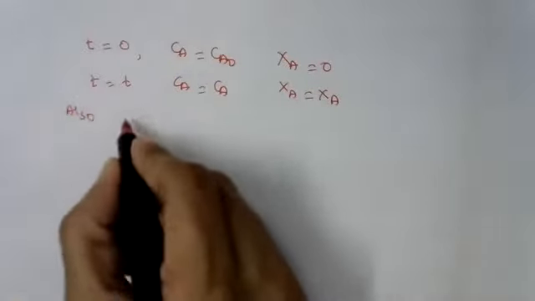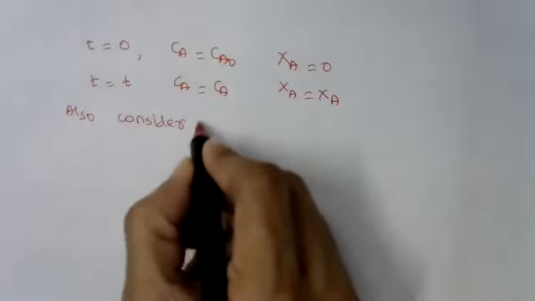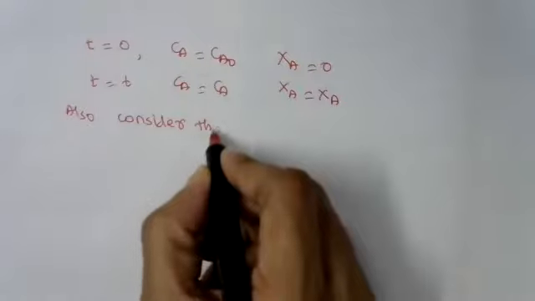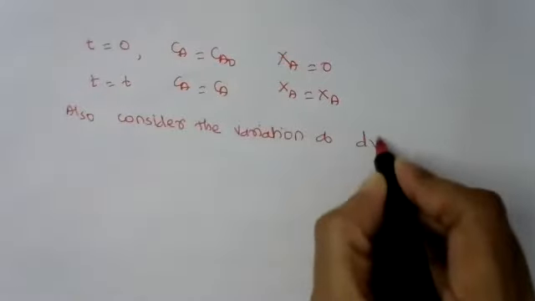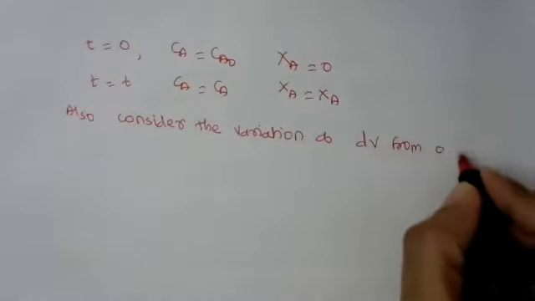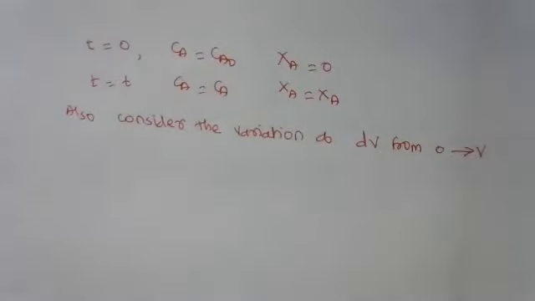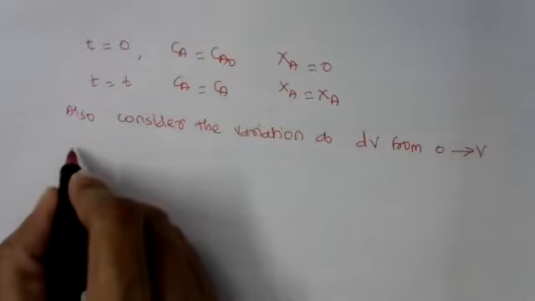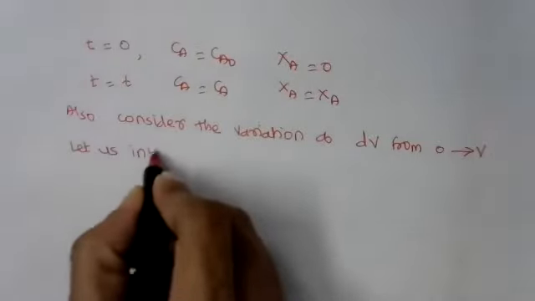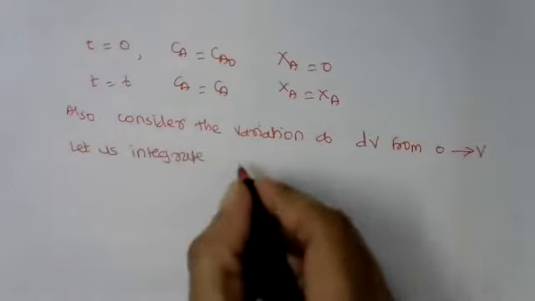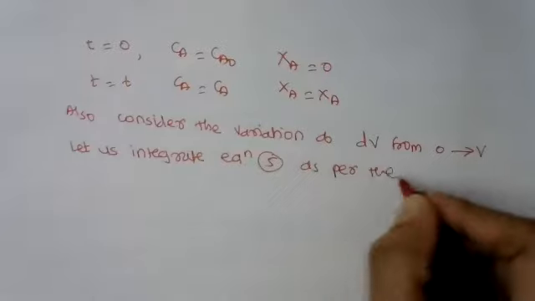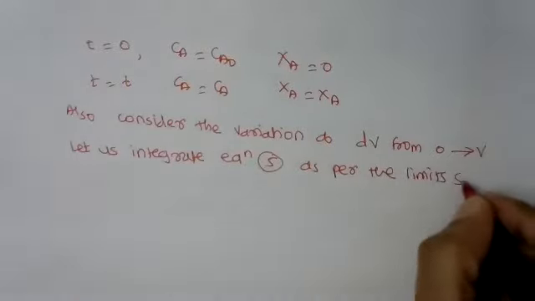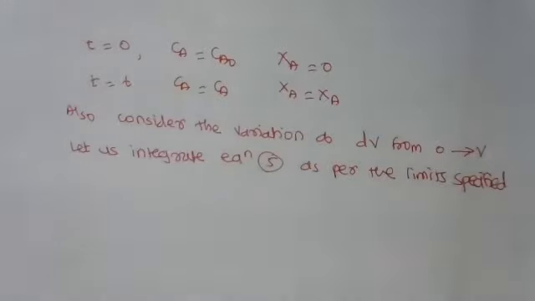Also consider the variation of V from 0 to V. Therefore, let us integrate equation 5 as per the limits specified.